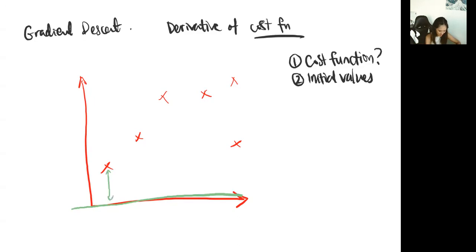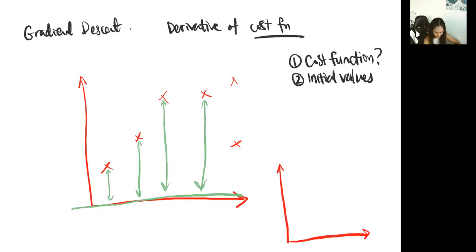So we're going to take this error, and as you can see, there's a lot of error. We're going to record what this error value is. And we're going to have another graph on this side, where we take into account our cost function and the beta value, beta being the slope.